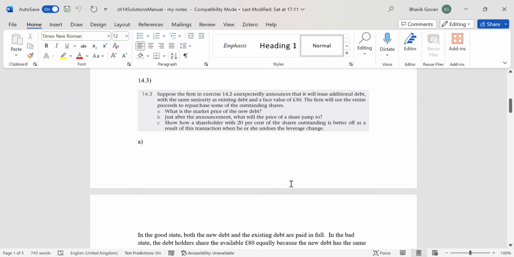14.3, suppose the firm in exercise 14.2 unexpectedly announces that it will issue additional debt with the same seniority as existing debt and a face value of £50. So same seniority, that means these two debts are basically the same.